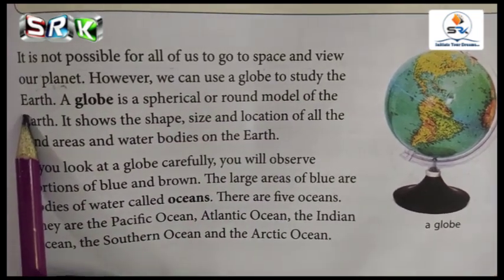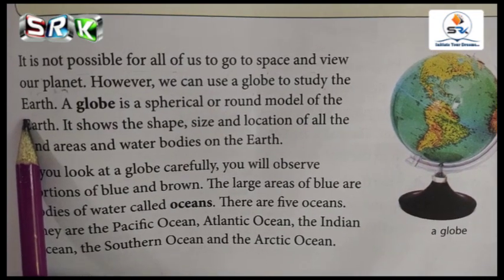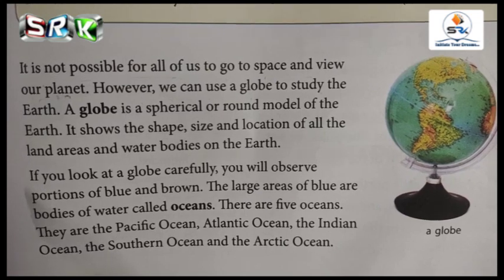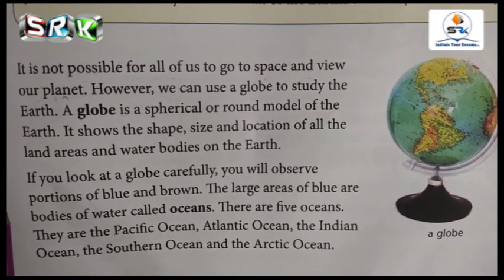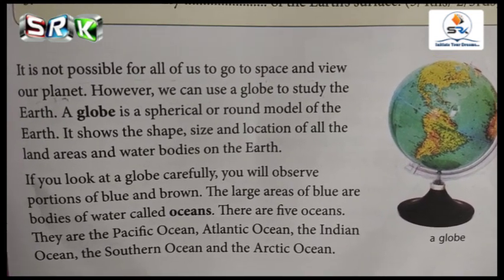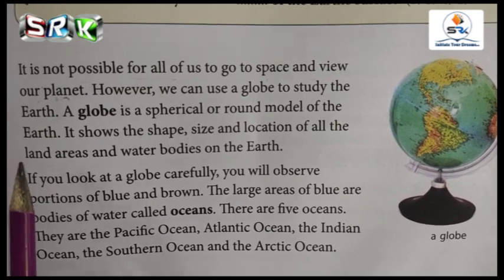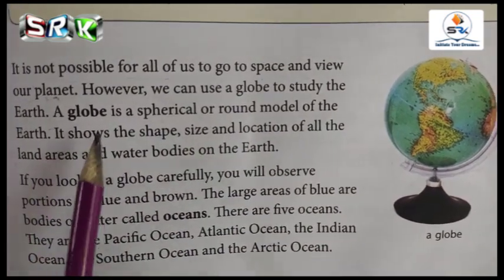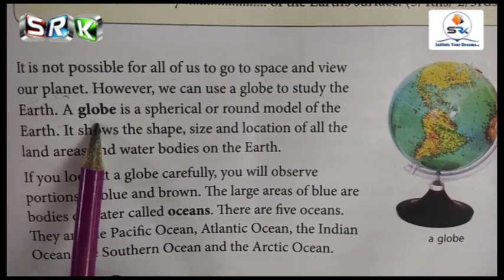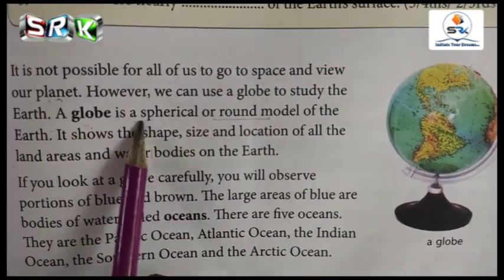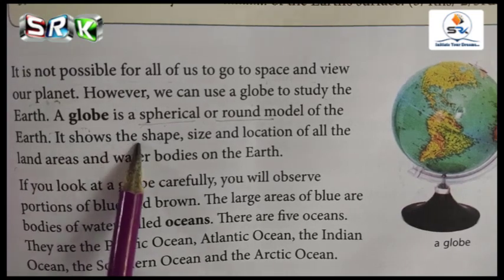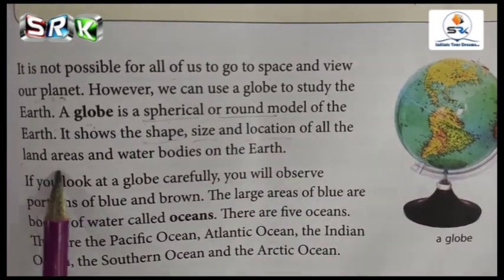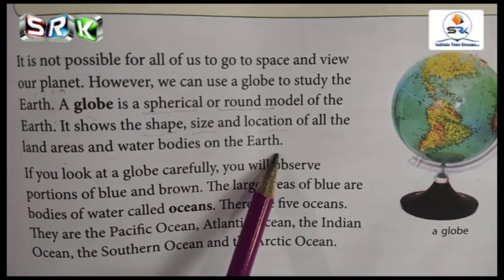If we are going to study about the earth, we have to use a globe. Then only can we know about its shape, size and location. A globe is a spherical or round model of the earth. So what is the shape of the globe? It is round or spherical. It shows the shape, size and location of all the land areas and water bodies on the earth.